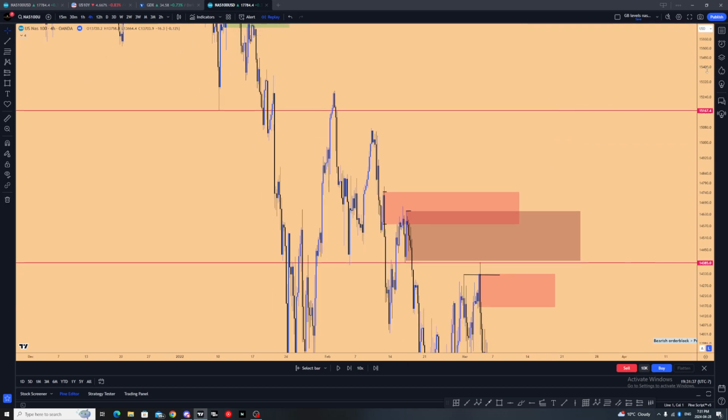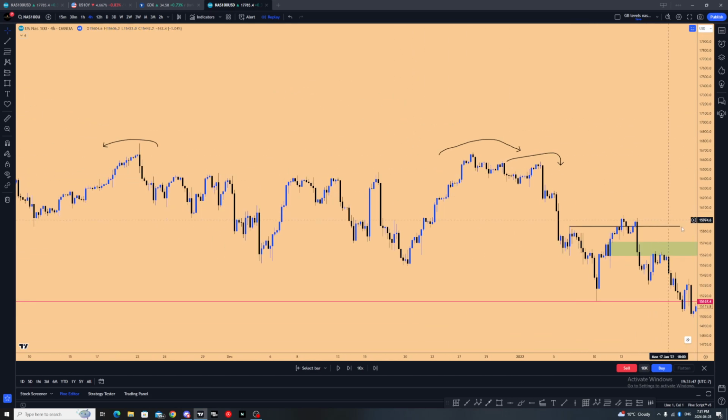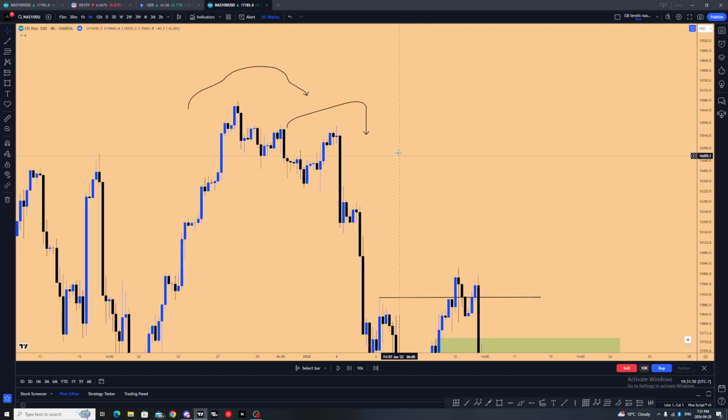What would be the last, weakest one? If when this bullish order block was formed, there was no swing high at all, you could possibly think of this one, even though this is probably not a bullish order block.